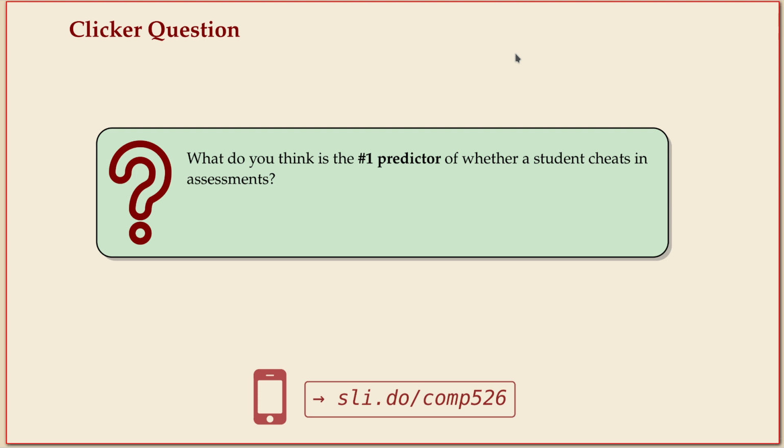The way the question is intended, so I'm reporting this from some research that educational researchers have done. They have asked students a bunch of questions about their personality and their life circumstances and so on. And among other things, they asked them self-report about whether they cheated in assessments. And then they tried to find some trait of these people that predicts whether or not they would cheat.